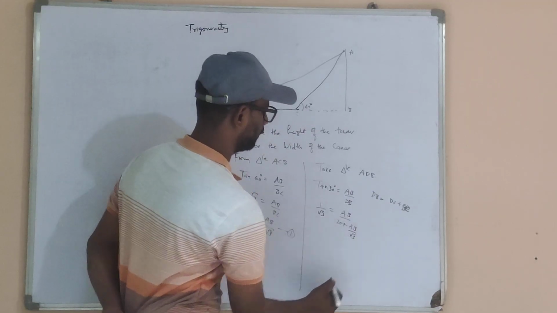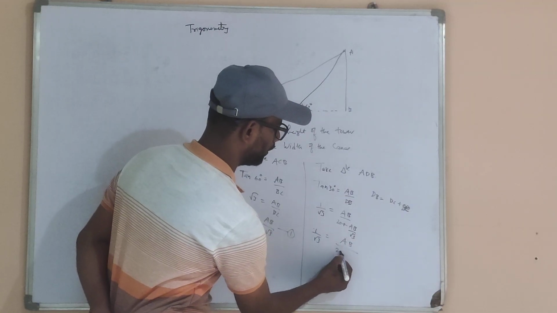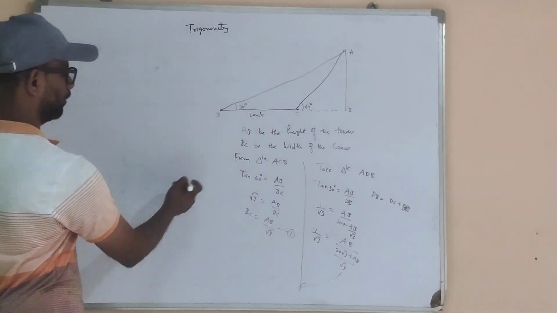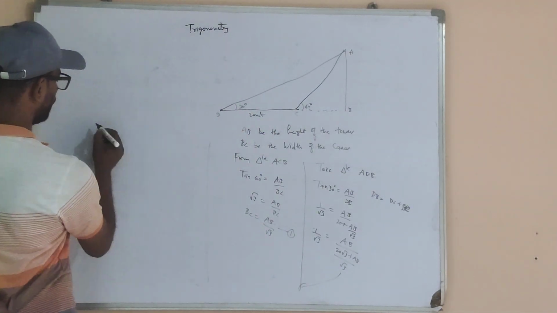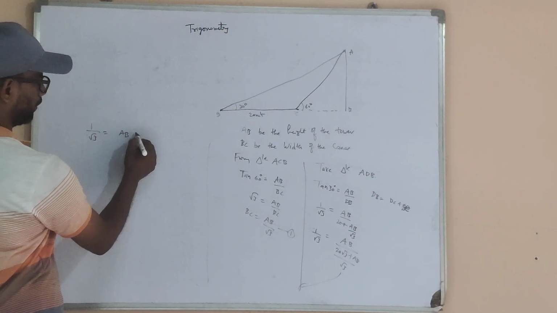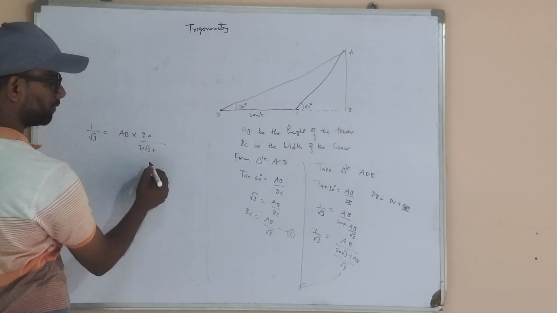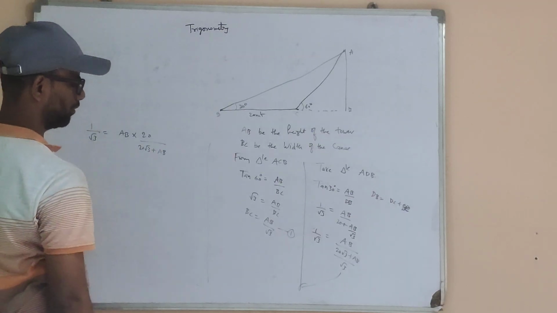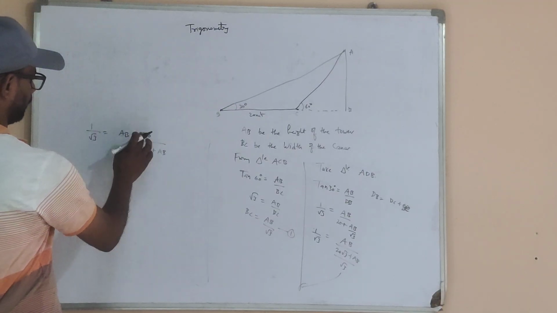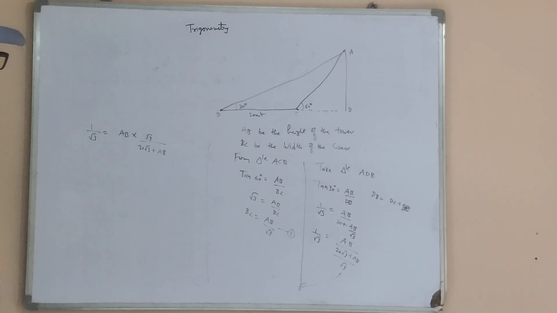BC means AB by root 3. So I'm solving: 1 by root 3 is equal to AB by 20 plus AB by root 3. So 1 by root 3 is equal to AB into root 3 by 20 root 3 plus AB.